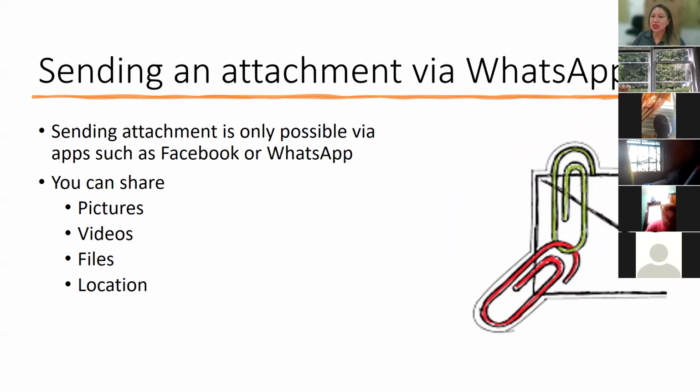Sending attachments is mostly only possible via applications such as Facebook and WhatsApp. We do not have that functionality if we're using our regular text messages. So we can share pictures, videos, files, and even location.